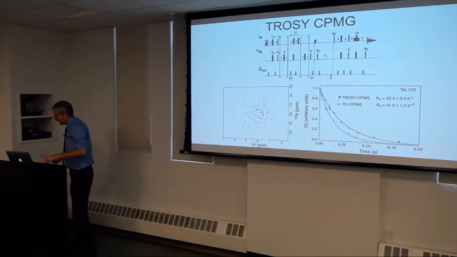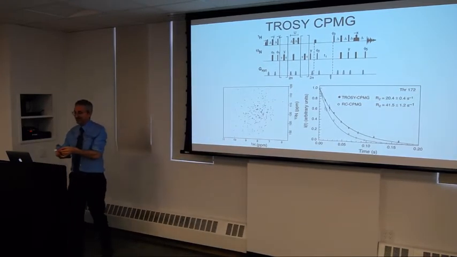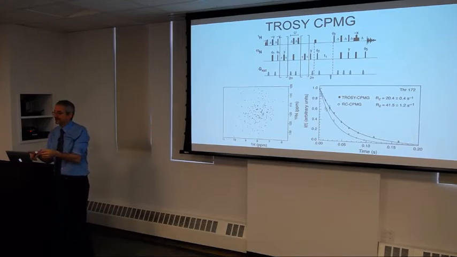You'll remember that when we talked about TROSY, I said the broad line and the narrow line were non-secular because of evolution under the J coupling. That evolution kept the two lines from cross-relaxing. If we start the pulse with a spin echo, the J coupling might not be evolving to where they become non-secular.